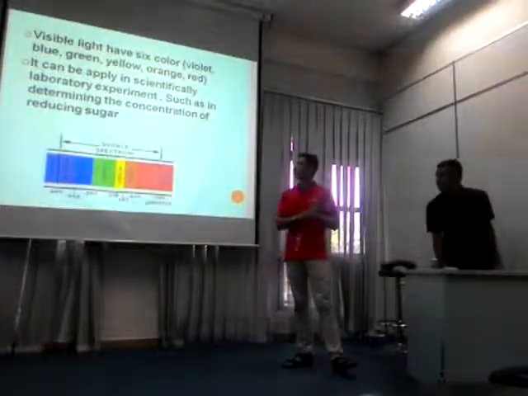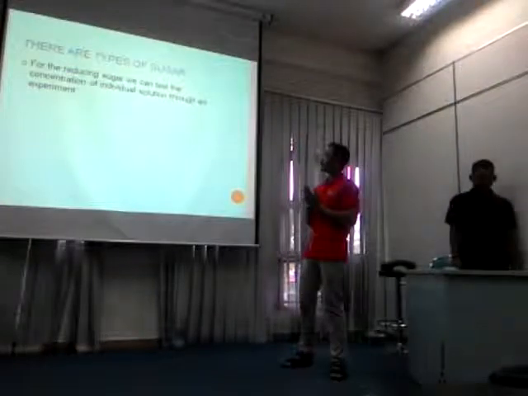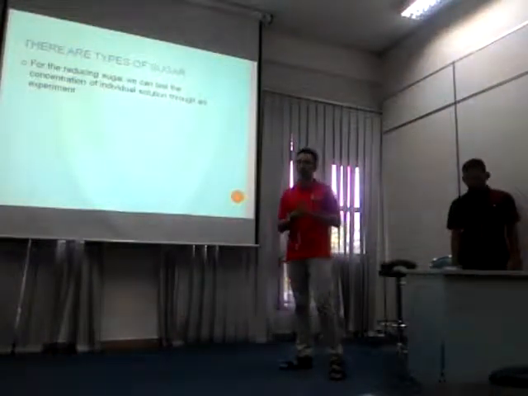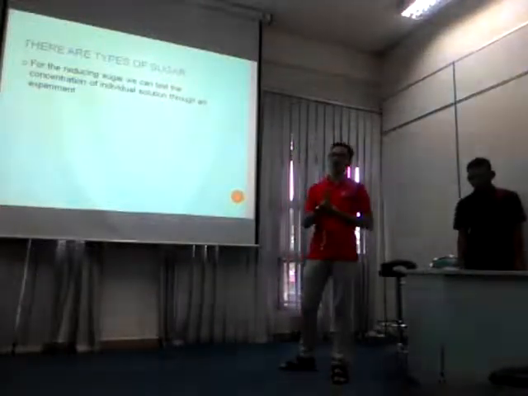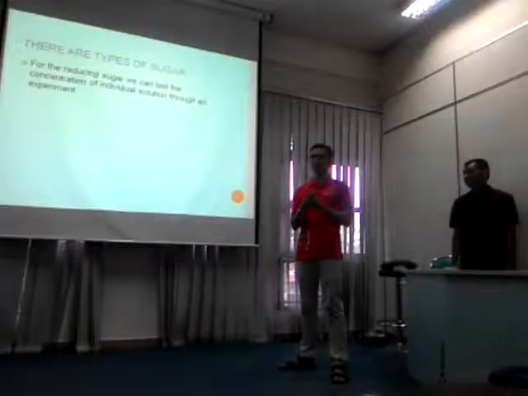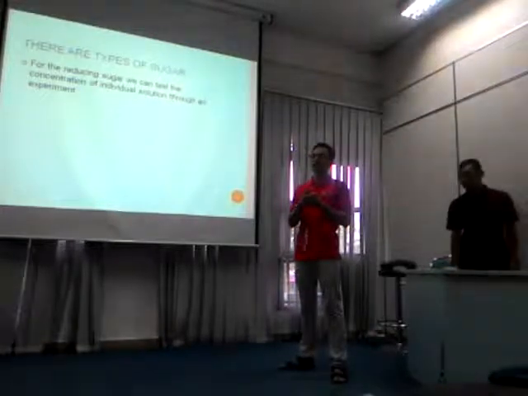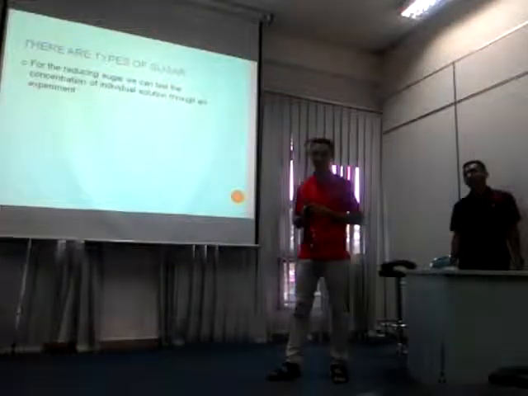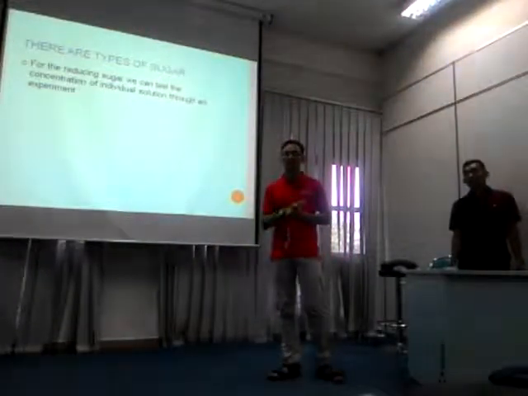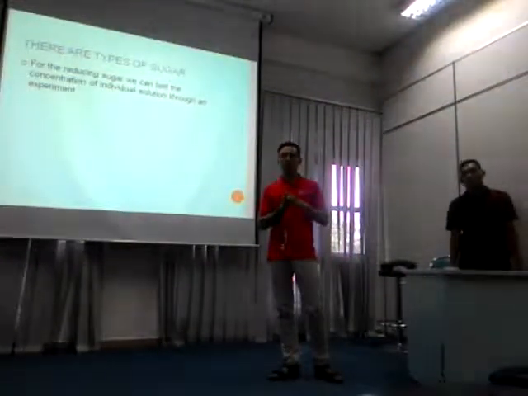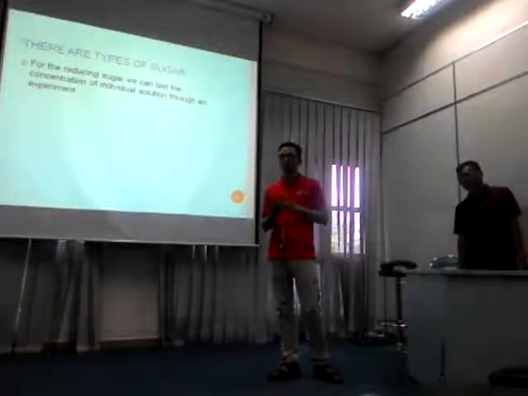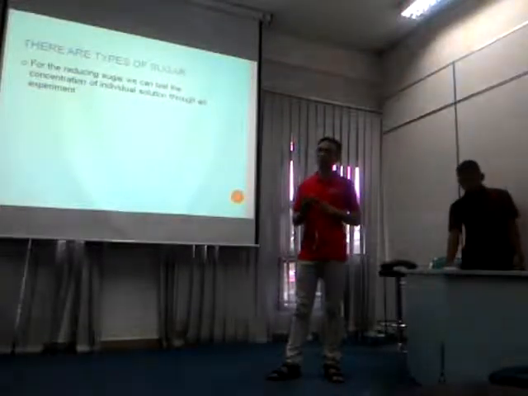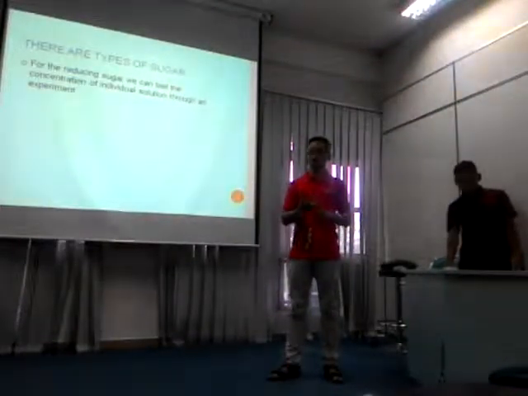In biochemistry we have talked about sugar, which has two types: reducing and non-reducing sugar. Each type gives very useful nutrients to our body, which give energy, maintain our blood glucose, and maintain our metabolism.